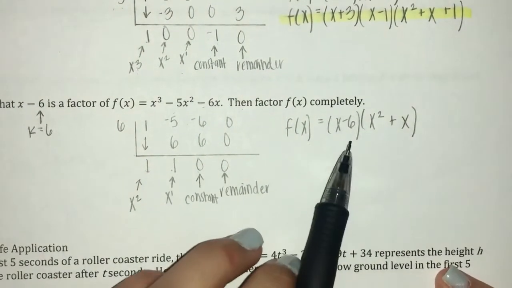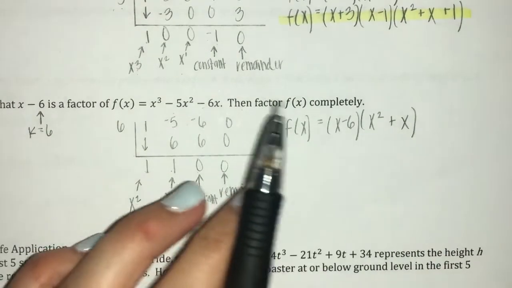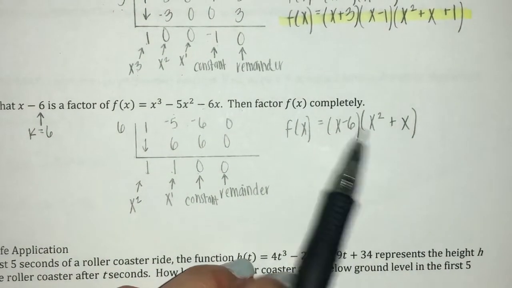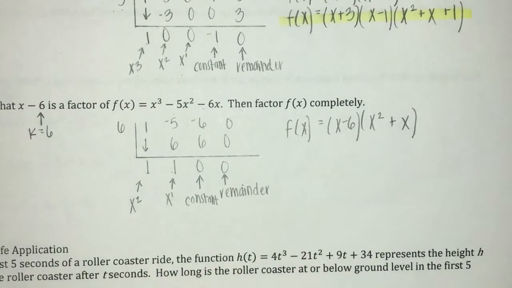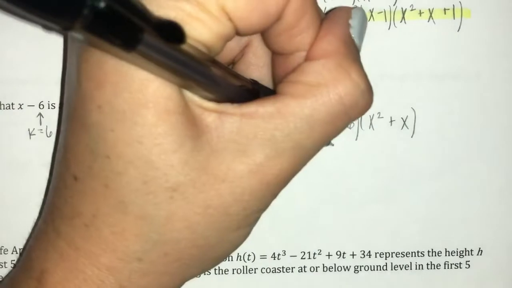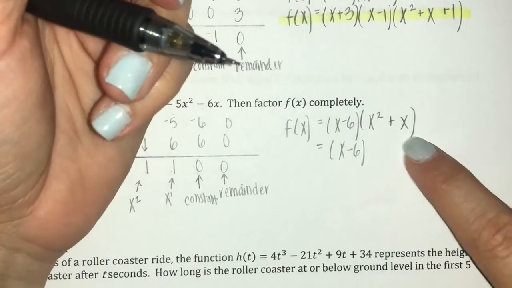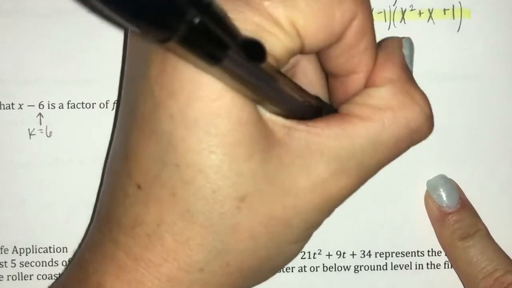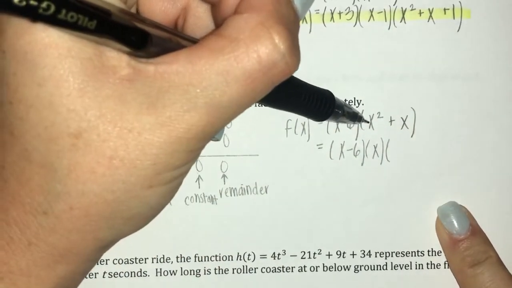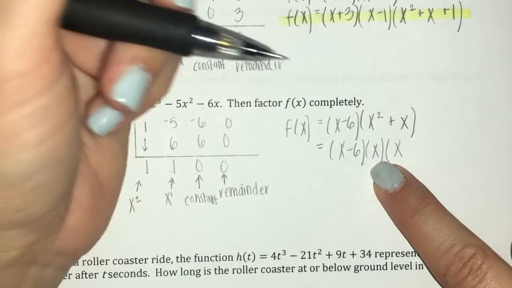So I have x minus 6 times x squared plus x. You kind of have to take it a little bit further because between the x squared and the x, there's a greatest common factor of x. So we can factor out an x. So I'll bring down the x minus 6. If I factor an x out of x squared plus x, x squared divided by x just leaves me with x, and then x divided by x leaves me with 1.